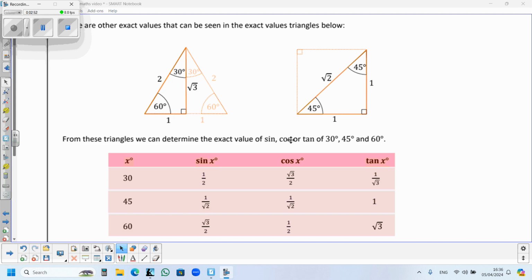You take the square root. The other triangle, we make it a right angle triangle with two 45-degree angles. Each side is 1. The hypotenuse is the square root of 1 squared plus 1 squared. So you either remember those two triangles, or there's all the information on your table, sorry. So either way, you've got to know them.